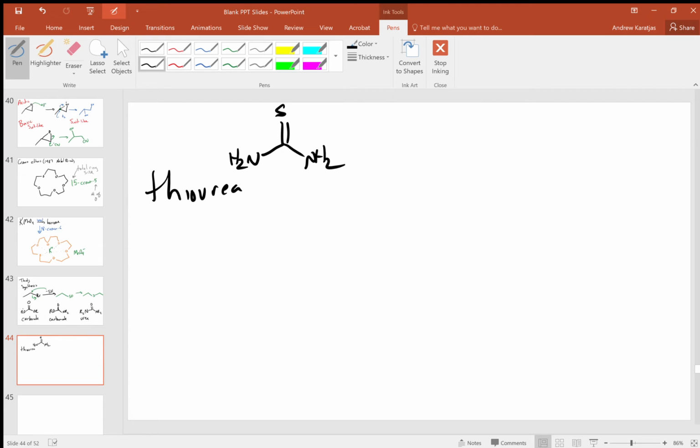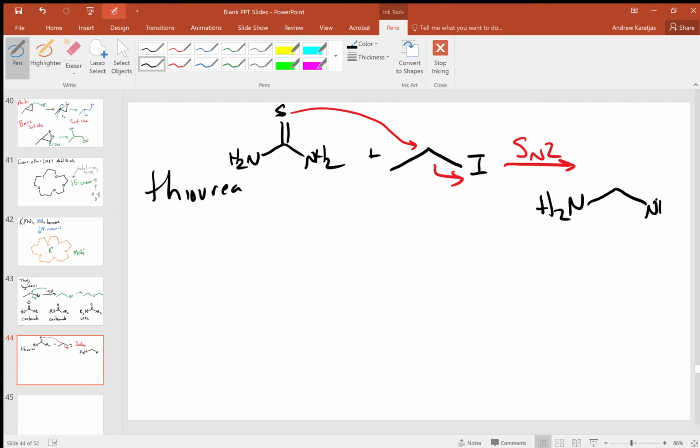And so if we add thiourea itself to an alkyl halide, this lone pair on sulfur will do an SN2 reaction and kick out the iodine. At this point, we now have a sulfur cation.